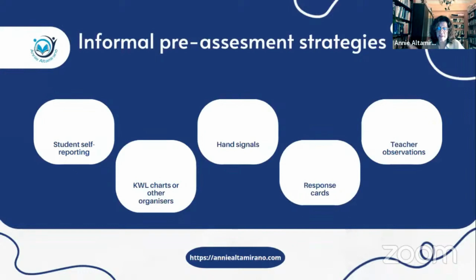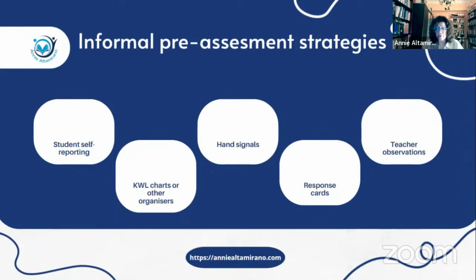Response cards are very simple. You pose a question to which students respond by holding up a card with a prepared option on it. And each student can have 3 cards to select from, A, B, C, or 2 yes/no cards. So they can hold up the cards and we can have a quick check of the proportion of correct answers.